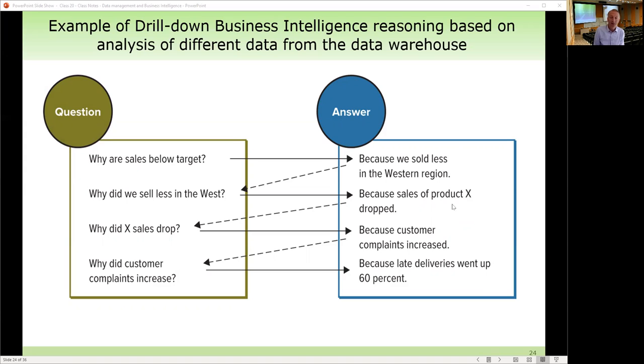And then we can ask ourselves again, why did the customer complaints increase? And we can dig into that part and maybe figure out that the complaints increased because of an increase in late delivery that went up by 60%. So in this case, we have found maybe one of the root causes to why we have sold less or below target, and that can be simply because of late deliveries increasing in the Western region.